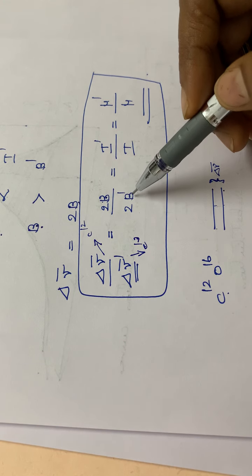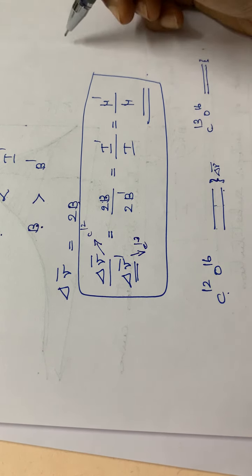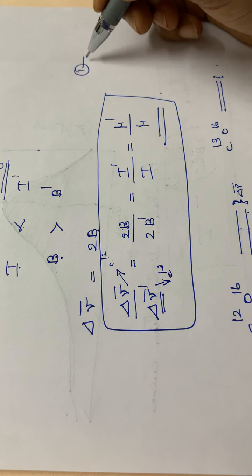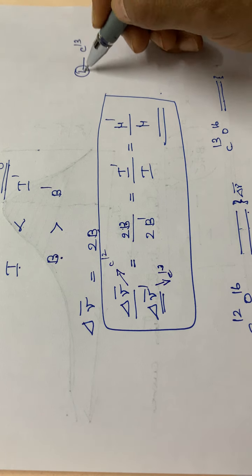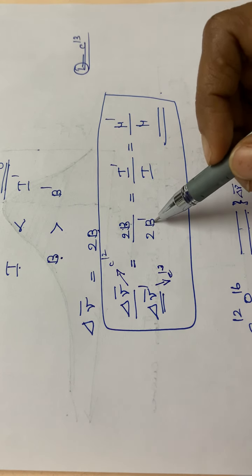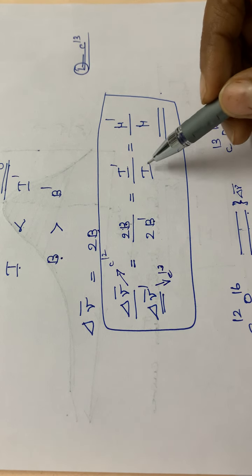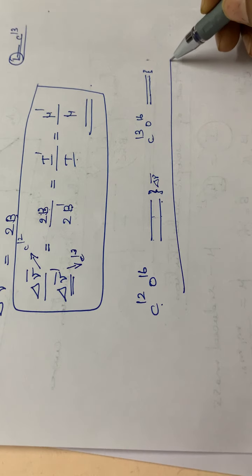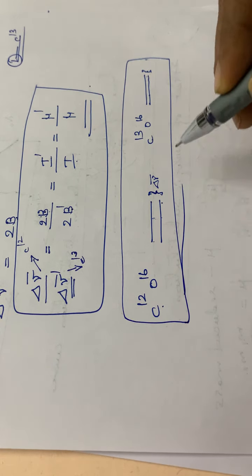That is equal to 2b divided by 2b dash. The dash is used to represent the isotope, that is C13. Then 2b divided by 2b dash is equal to I dash by I, which is equal to mu dash by mu.